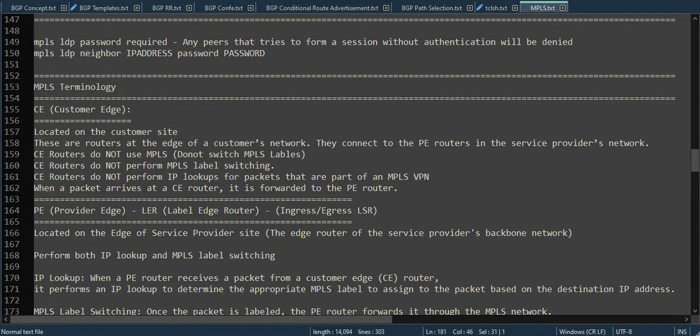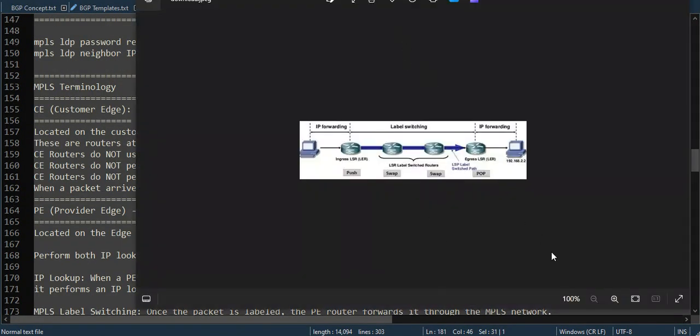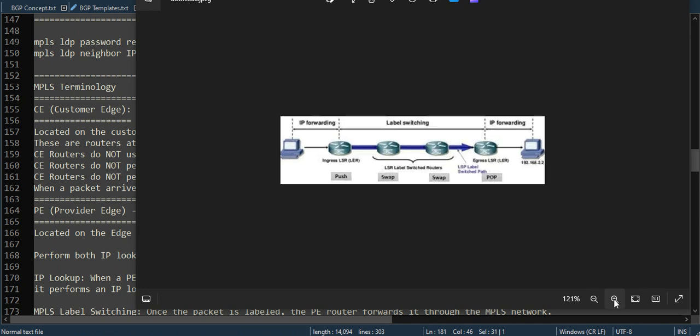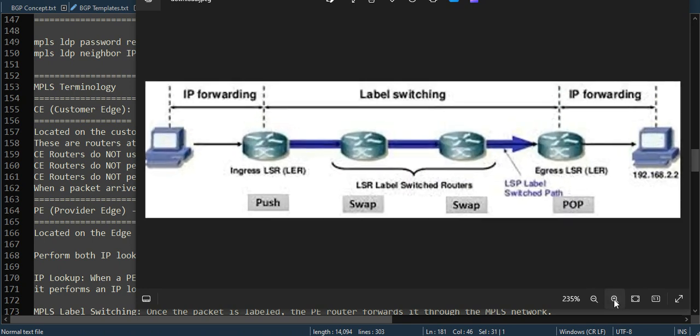Okay, let's see this terminology. I'll show this picture here.